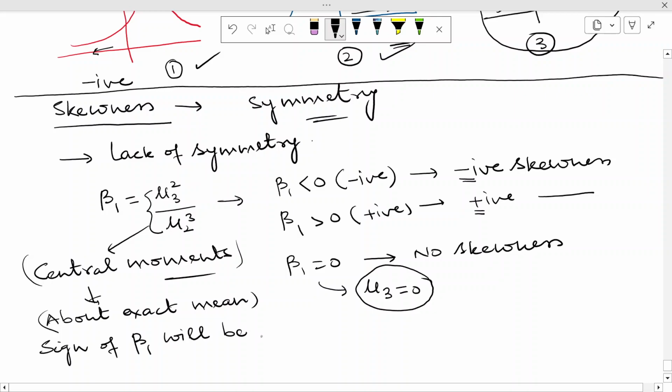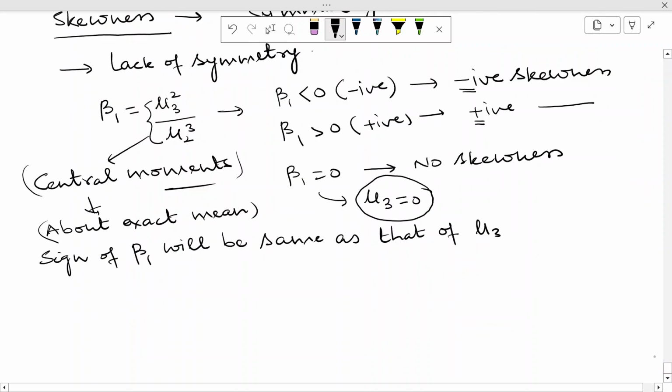same as that of mu 3. What does this imply? This implies that if your mu 3 is positive, then beta 1 is positive, and we will consider beta 1 as positive.